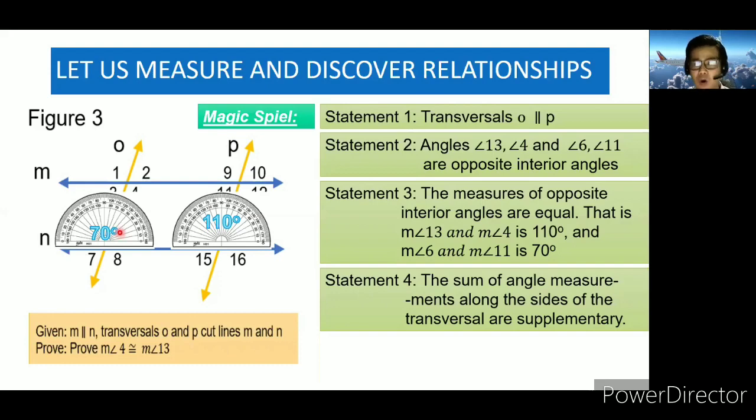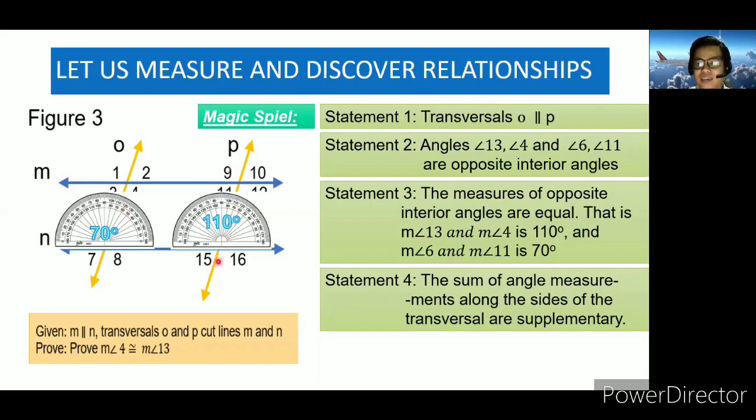So maybe in your drawing, you can have here 105 degrees and here is 75 degrees. Also, you can have here, as your drawing shows, 100 degrees here and also here 80 degrees. So it does not matter at all, provided that the sum of the angle measurements along the side of your transversal must be 180 degrees or a supplementary angle.